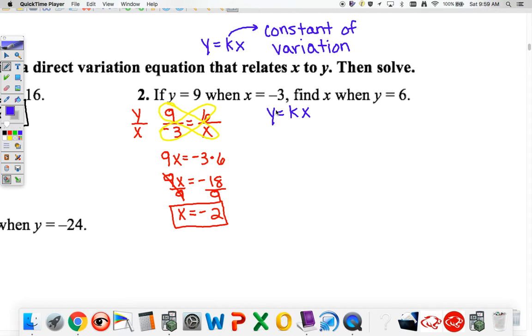Okay, so we're going to go back to writing our equation here. We got to find this K, the constant of variation. So we're going to use this information. You always use what they give you, the y and the x. So y is equal to 9. We've got to figure out what my constant of variation is, and then x is negative 3. So to get k by itself, what we're going to do is we are just going to divide both sides by negative 3.